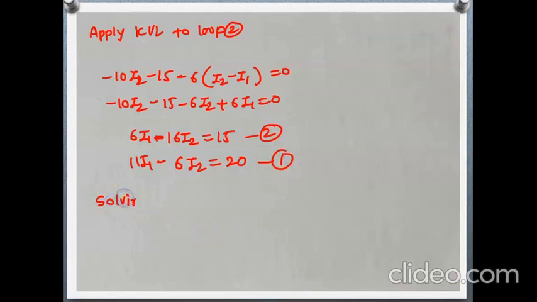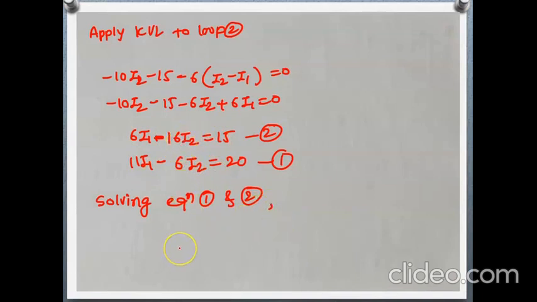Solving equations number 1 and 2 with the help of either a calculator or the general matrix method, or putting the value of I1 from equation number 1 and solving for I2, and then putting the value of I2 in equation number 2 for solving for I1.